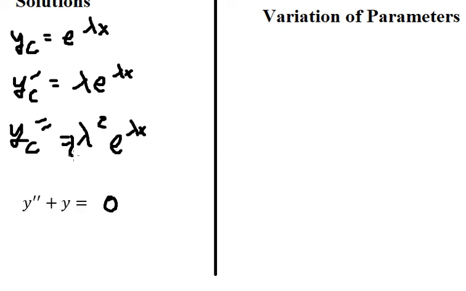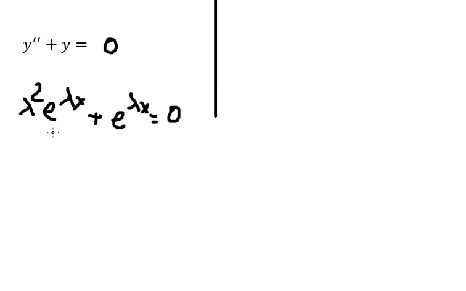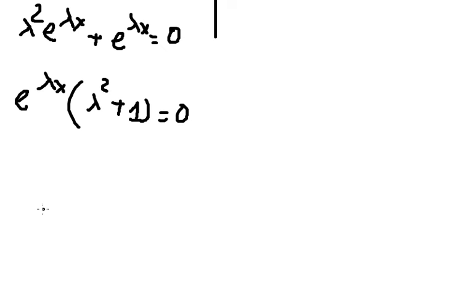So I will put this one in here, and this one in here, and we have this. For e to the power of lambda s, we can do factorization. And this equals 0 in here.